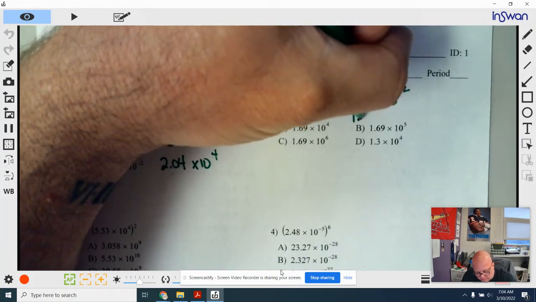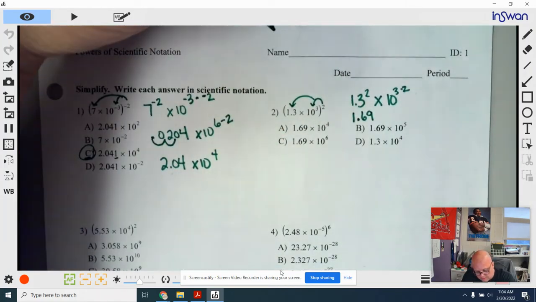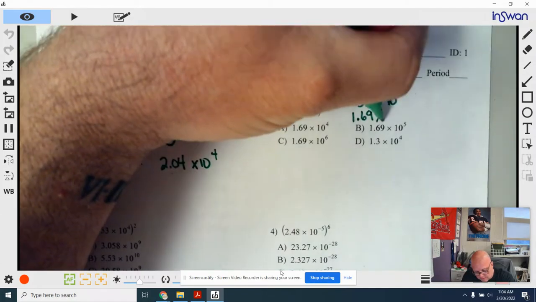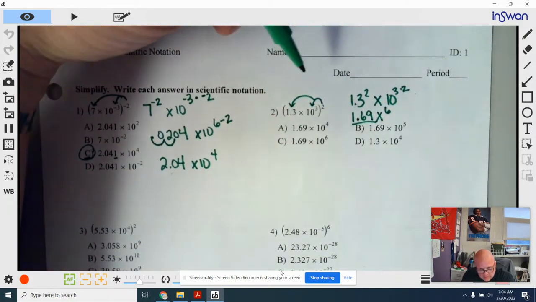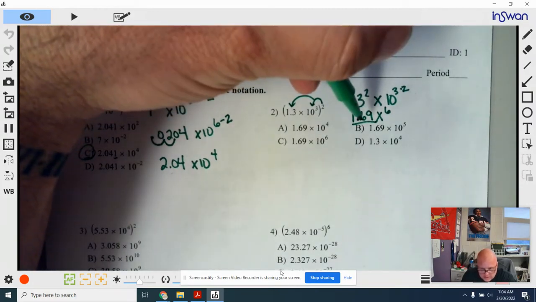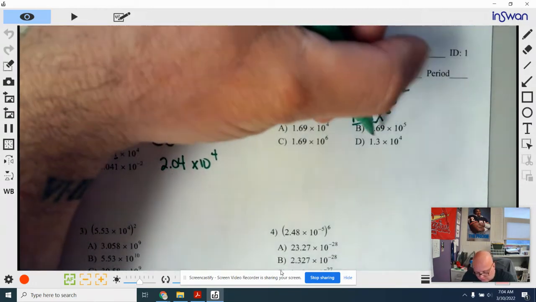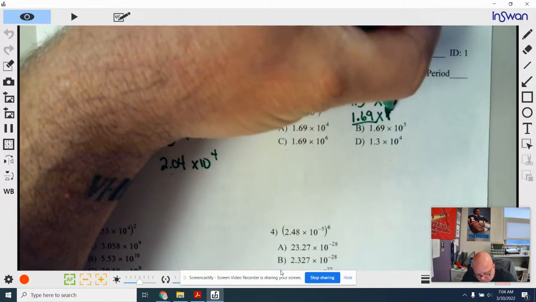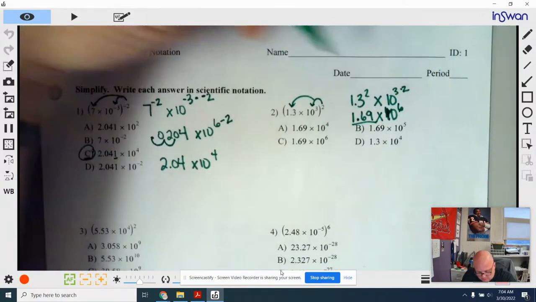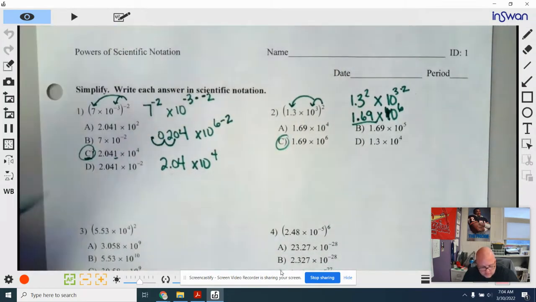But with my decimal, it's going to be 1.69. And then times 10, 3 times 2 gives you 6. So check out that base number. It is 1 or more. It is less than 10. Therefore, you don't have to adjust that answer at all. I forgot to put the times 10 right there, to the 6th power. So that's letter C.